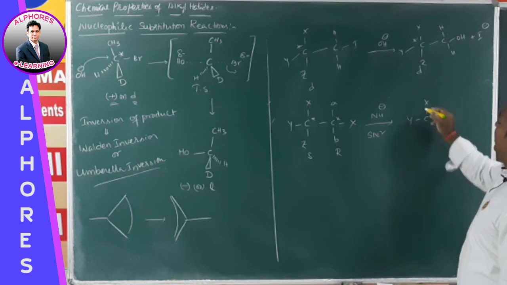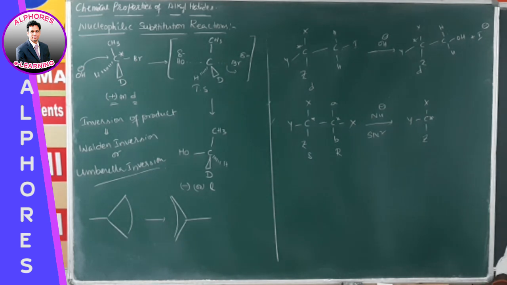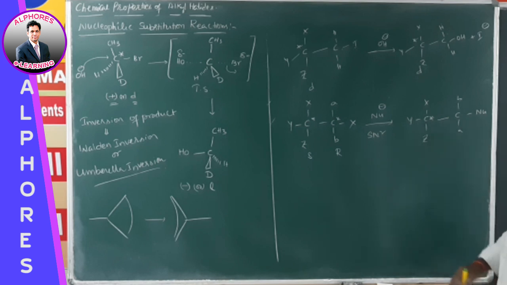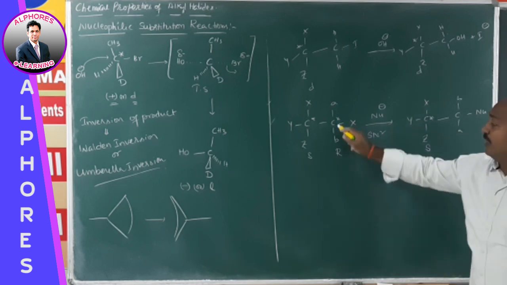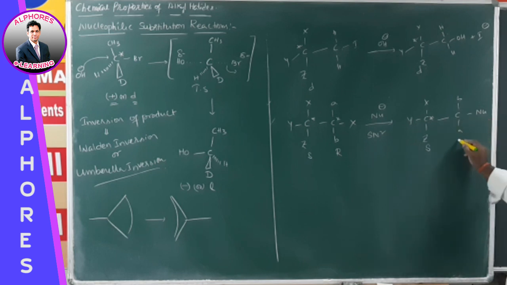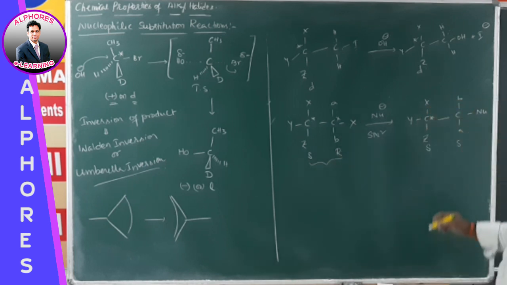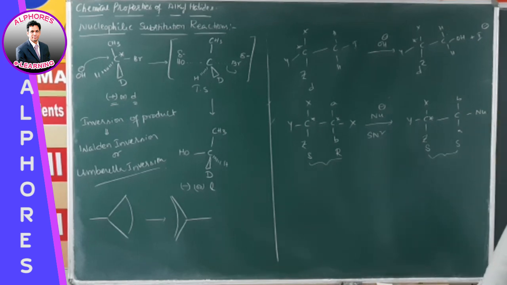Then the adjacent carbon's chirality remains as such, there is no change in its optical activity, and this carbon's optical activity is going to change, with A, B here and the nucleophile like this. So this one is S, it remains as such, whereas earlier this carbon was R, now it becomes S. So these 2 were S and R, now these 2 are S and S. These 2 are nothing but a diastereomeric pair.